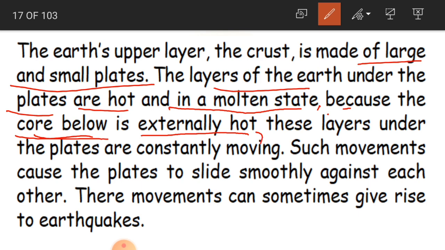These layers under the plates are constantly moving, and the plates which are in the layer of the core are constantly moving.